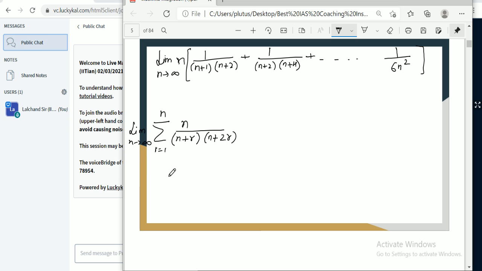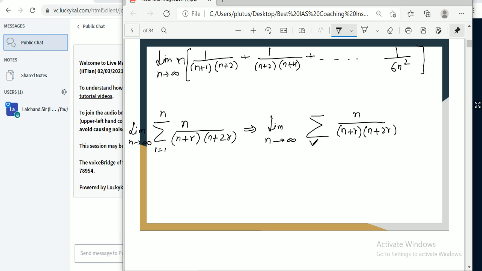So if we rearrange this equation, we can write the limit as n tends to infinity of sigma of n upon (n plus r)(n plus 2r).